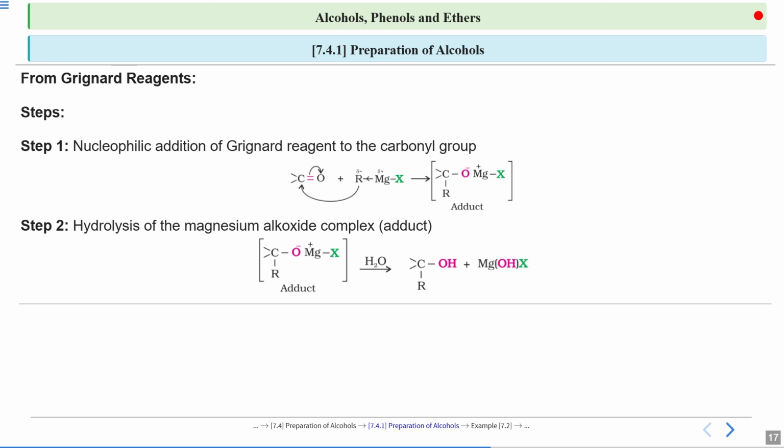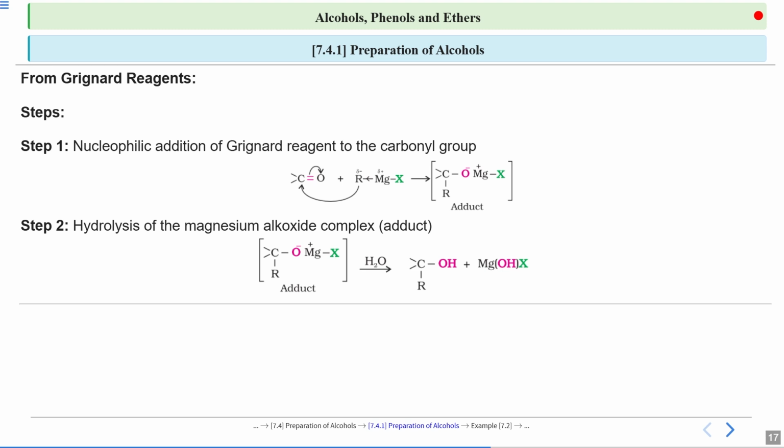It can be hydrogen, it can be R groups. Okay, so this is the OH which you are getting in the alcohols.